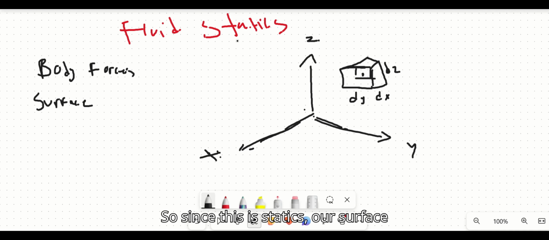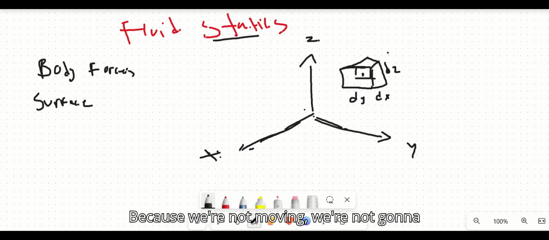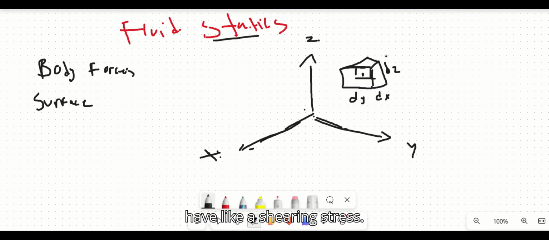Since this is statics, our surface force is only going to be the normal force, or we're only going to have pressure, which is that surface force that acts normal. Because we're not moving, we're not going to have shearing stress. So let's take a look at body forces. The only body force we really have to worry about is gravity.